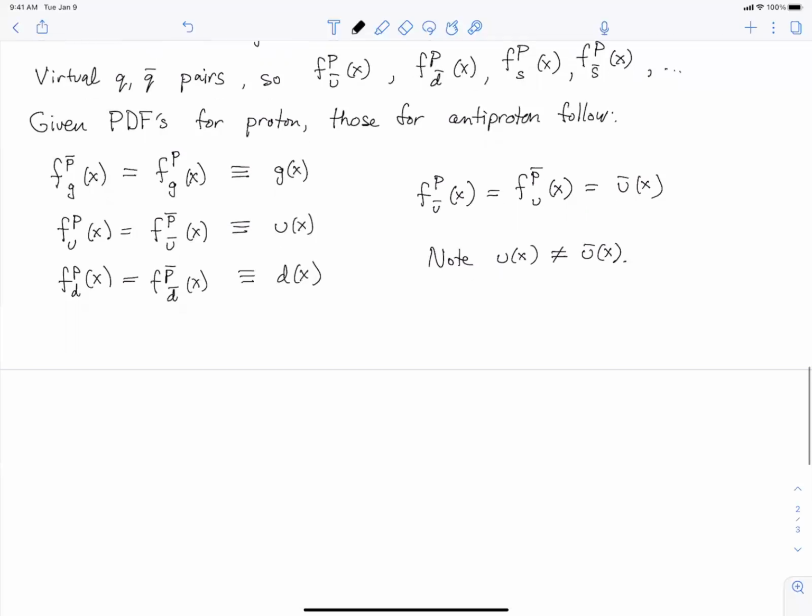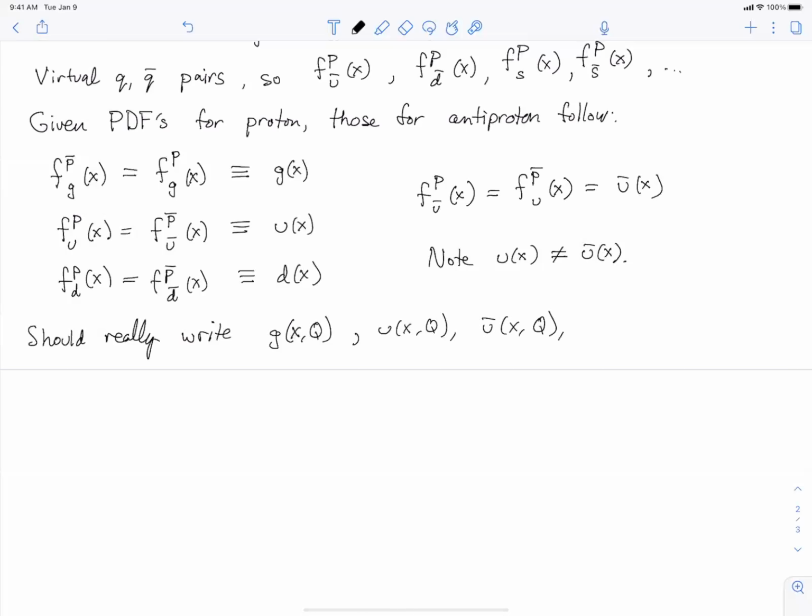Okay, and as I said, these all depend on the factorization scale. And so we should really write, instead of just, for example, G of x, we should write G of x and Q. We choose some factorization scale, and same for U, and same for U bar, and same for D, et cetera.